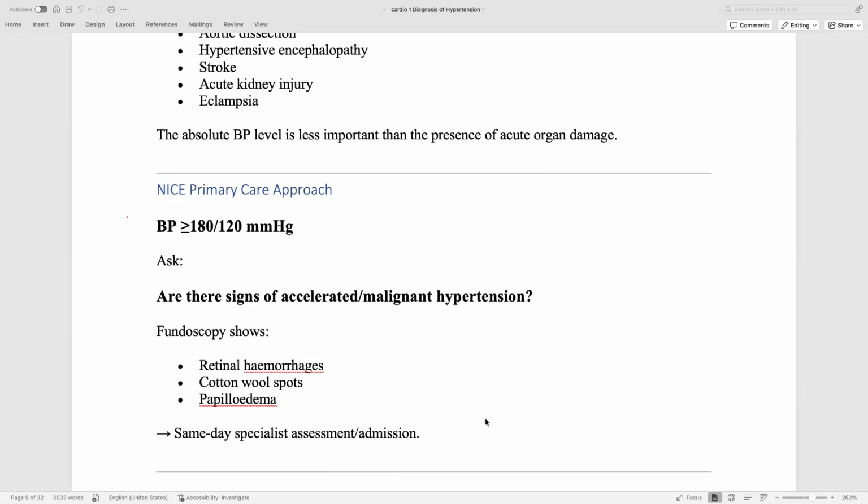The patient is sitting in front of you and he's asking, what will you do for me? Doctor, please reduce this blood pressure. And the family will push you: Doctor, his blood pressure is very high.